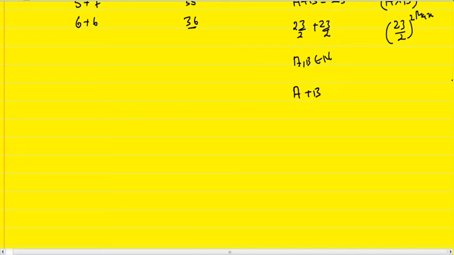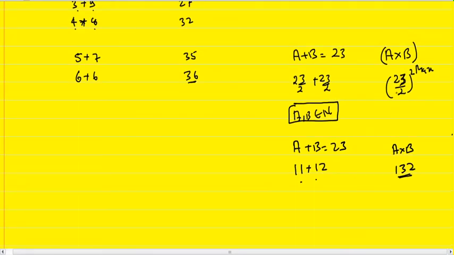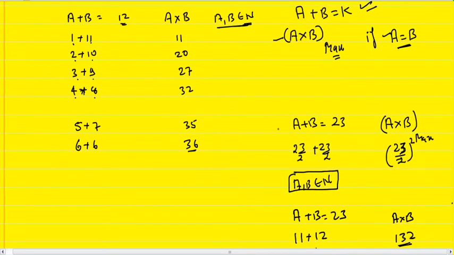If I say a plus b is 23, the closest possible breaking of the term is 11 and 12, and a into b is 132. Now understand, this was because the natural number condition was there, so I have to do this manually. If that condition is not there, this is the absolute maximum of the product a into b. So I want you guys to copy down both examples, and the second example with condition 1, condition 2.